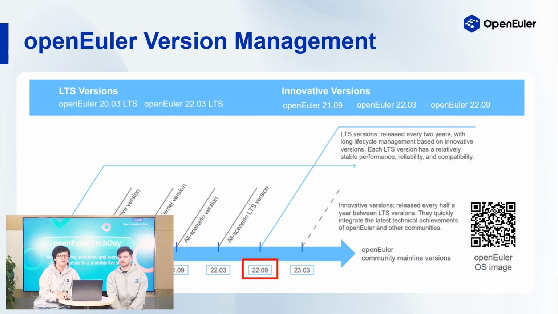I see. Since innovation versions are released every 6 months, we can predict that the next version will be openEuler 2303. Exactly.